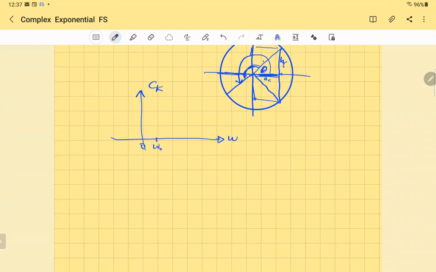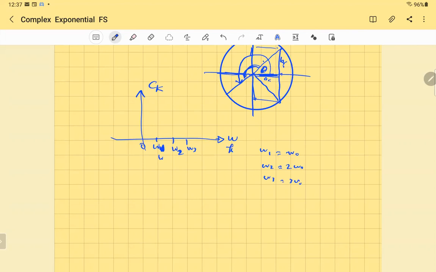This one, omega naught, is the fundamental, omega 1. Omega 1 is equal to omega naught, omega 2 you multiply by 2, omega 3 is equal to 3 omega naught, and so on.